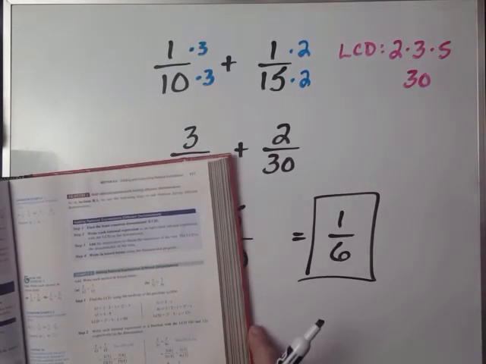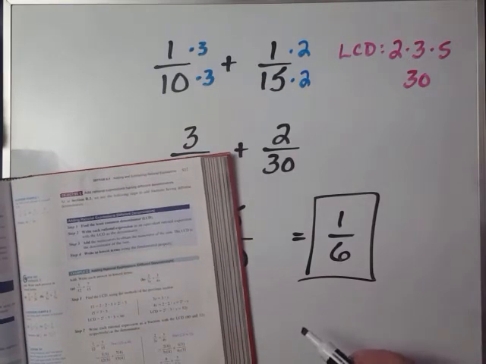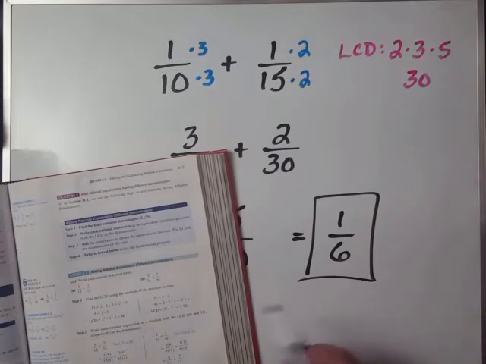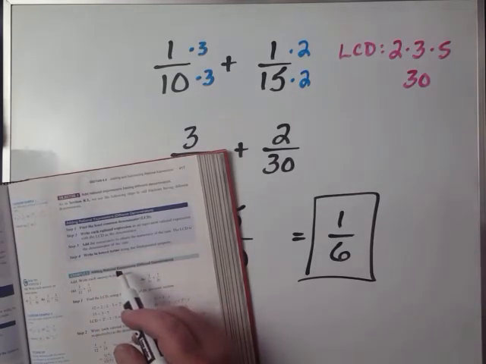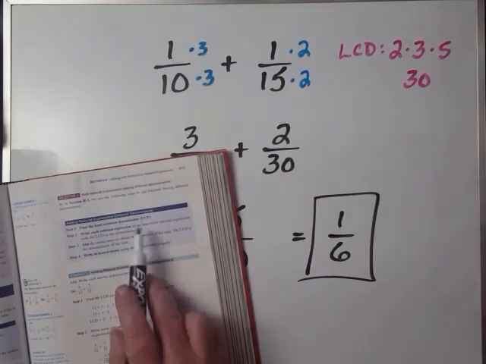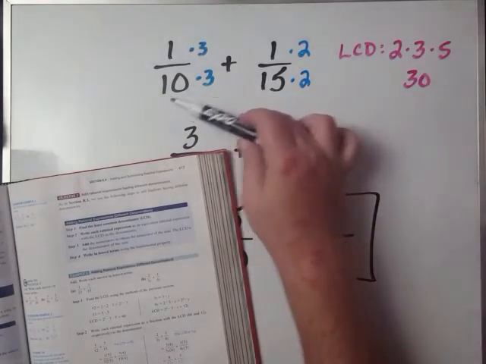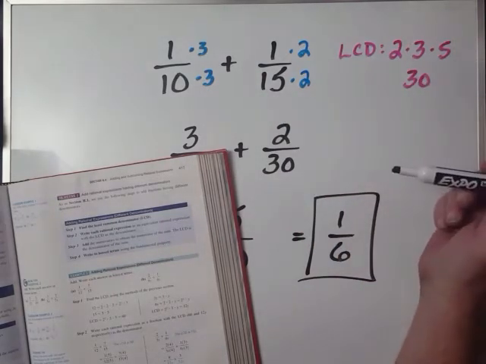Let's look at a blue box. Once again on page 417, adding rational expressions with different denominators. Now, this will apply, of course, to subtraction as well. Step 1, find the least common denominator. That's what we did here with the pink marker. And we use the factors of my denominators to discover that.